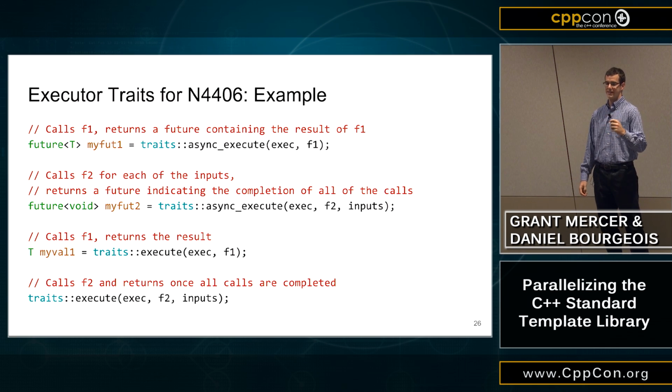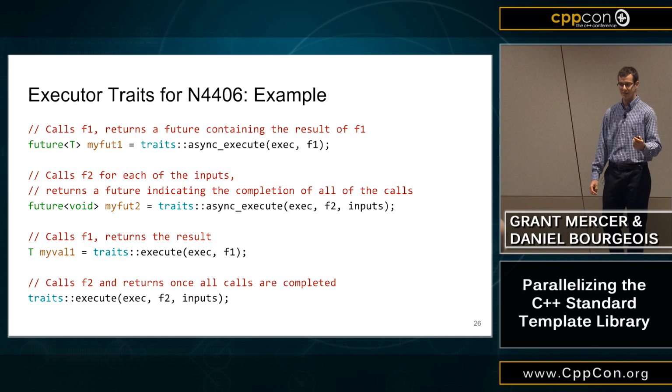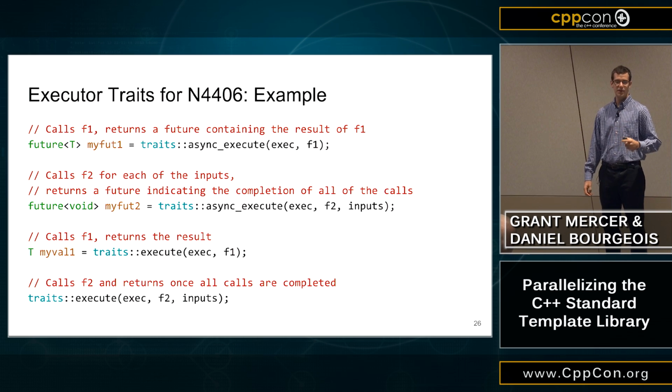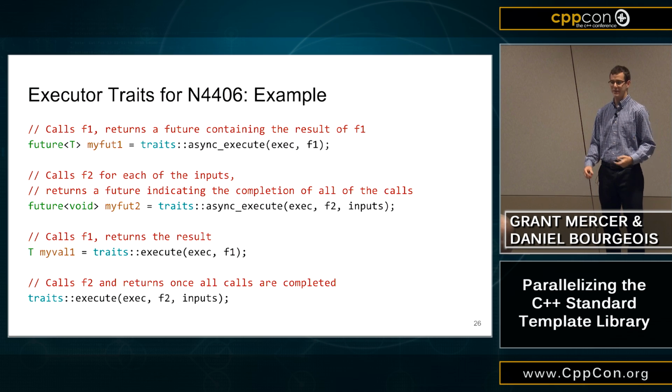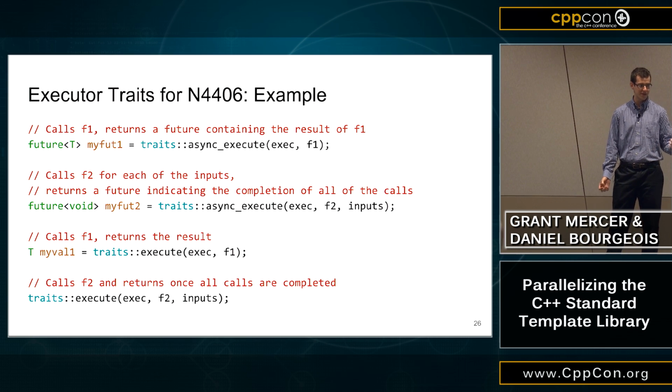Now, what I personally find neat about this is that if our executor doesn't implement an async execute with this bulk overload, it'll actually synthesize the async execute bulk overload based off of the async execute provided by the executor. So what's neat about that is that it makes it easier to define an executor. All it has to do is implement async execute. And same for execute and the bulk version of execute.